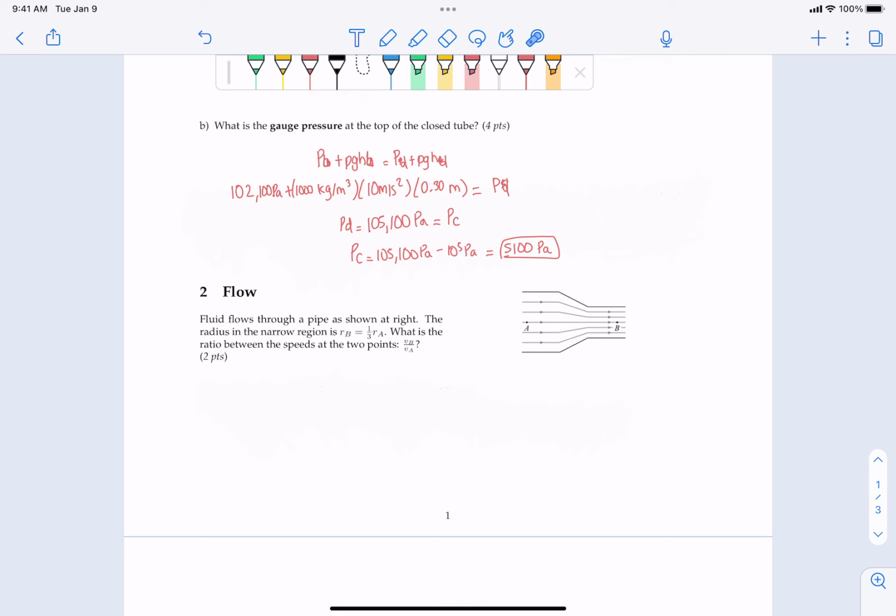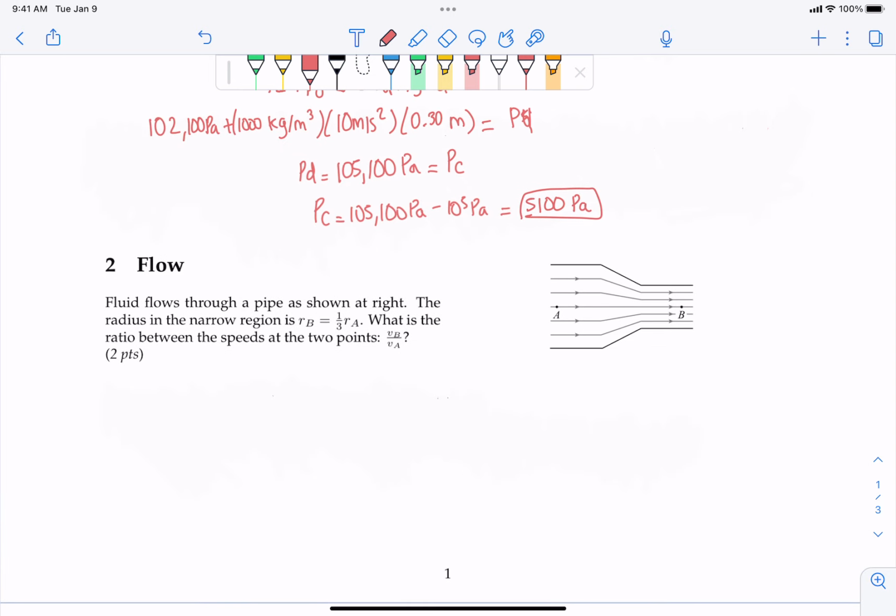Nope. Well, if anything comes up, just let me know and we can go over it again. But we can probably move on to problem 2.